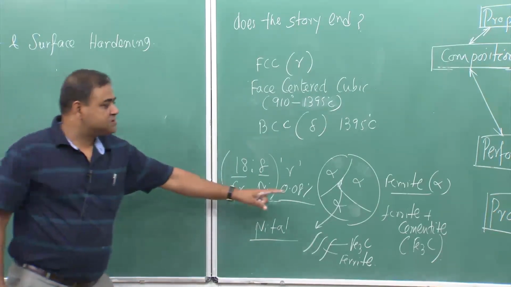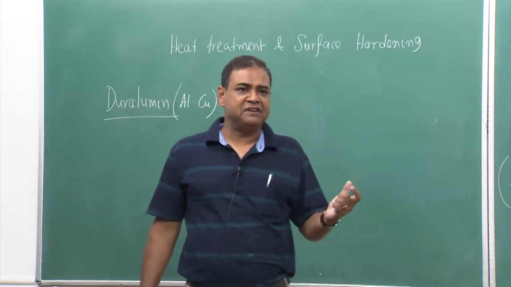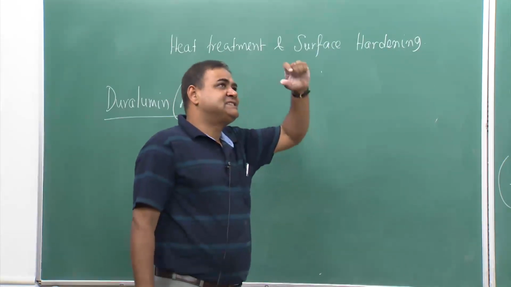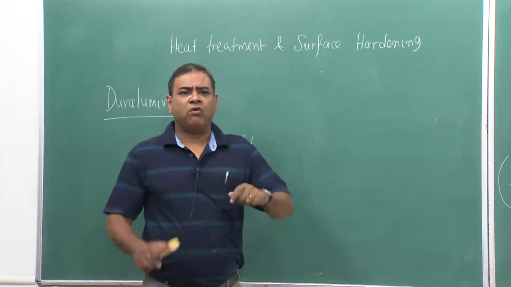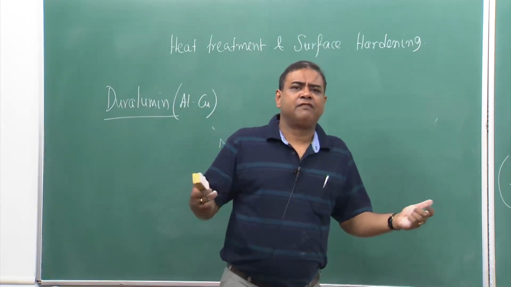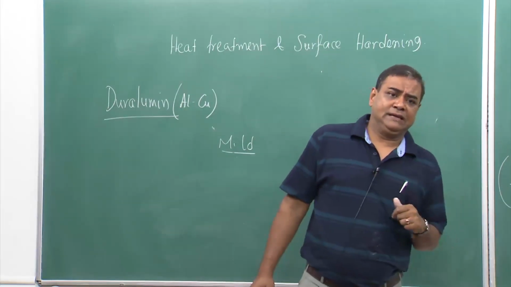And this kind of structure we generally get if we cool it very, very slowly. Let us say we take it to a temperature of about 1000 degrees Celsius and hold it there for half an hour or 40 minutes or so, and then cool it slowly.